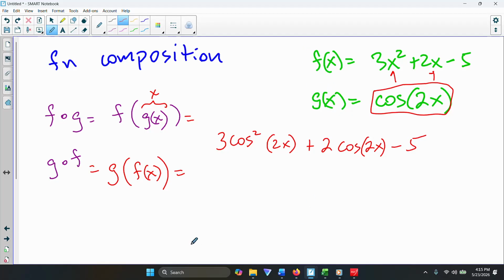But it could theoretically be something like G of F of H of X. That's 3 functions: this function is inside here, and this is inside here, and so forth.